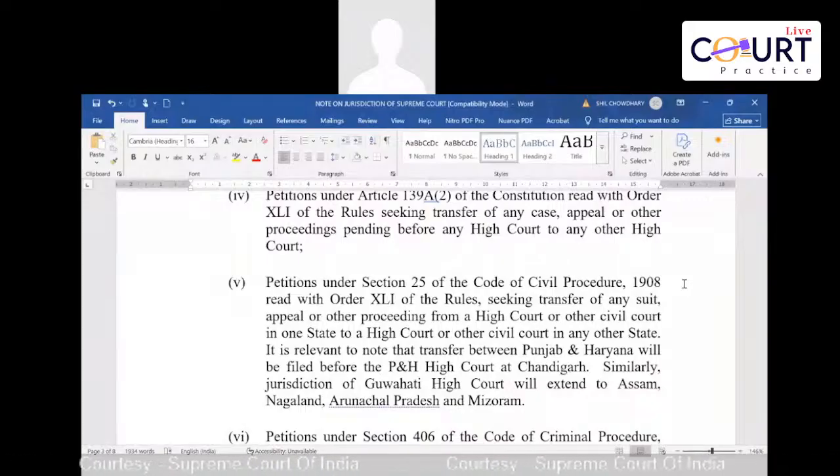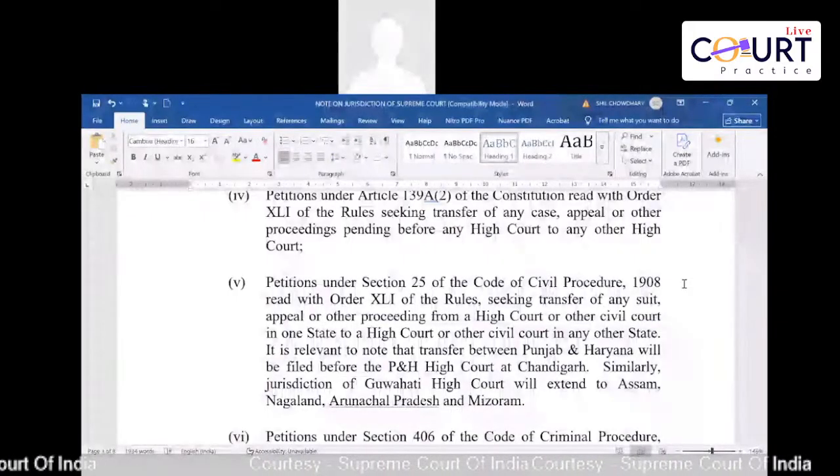Similarly, the Guwahati High Court has jurisdiction extending to 4 states, that is Assam, Nagaland, Arunachal Pradesh, and Mizoram. So if a person is seeking transfer between these 4 states, he will not come to the Supreme Court. He will be advised to file a transfer petition before the Guwahati High Court.